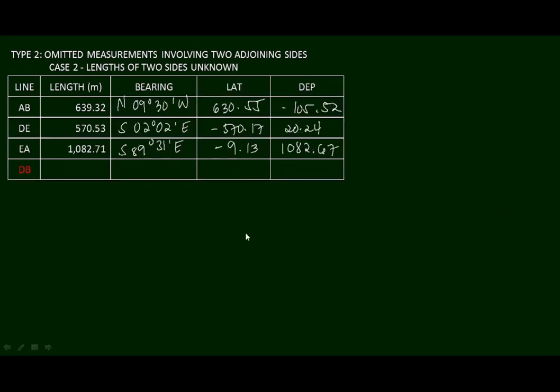Okay. So, yan yung data ng aking mga lines with complete bearings and lengths. So, I need the value of my DB, yung kanyang length and bearing, gaya ng ginawa natin in the previous example. I need to solve for the latitude of DB, so I'll just simply compute for the correction, that is 630.55 minus 570.17 minus 9.13.